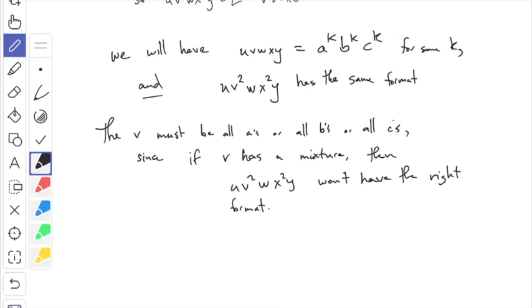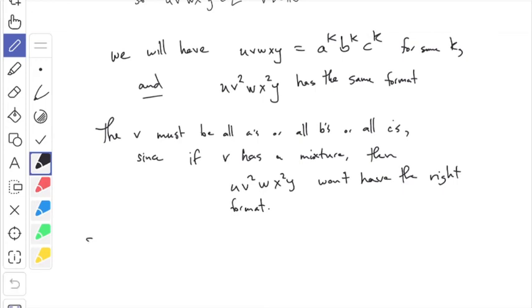Because if v is something like abb, then v squared would be abb abb, and that's not allowed in the format of my strings in this language, because we need all the b's to be after all the a's, all right? Okay, I hope everybody agrees with that. So maybe v is all a's, or maybe it's all b's, or maybe it's all c's.